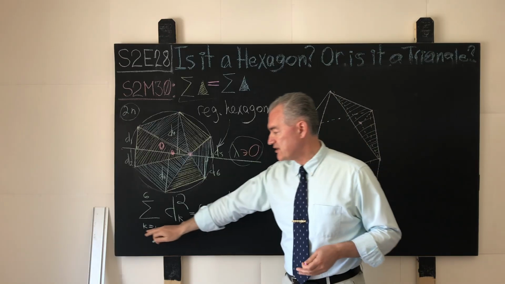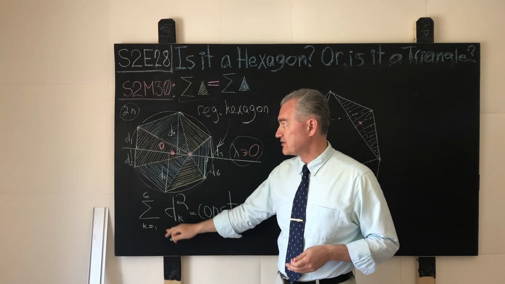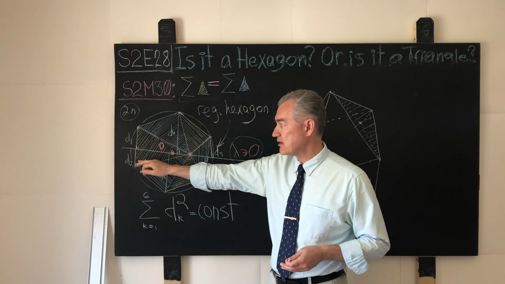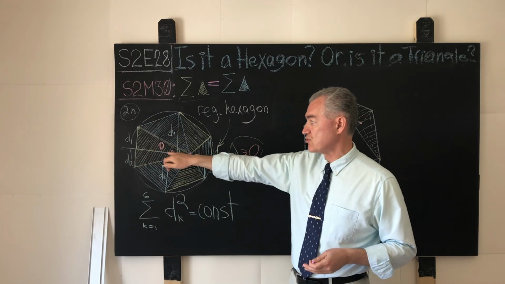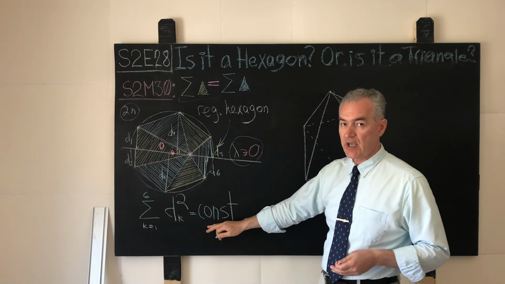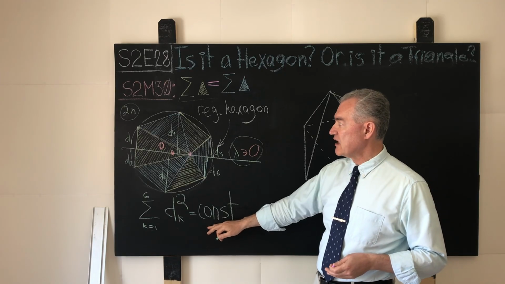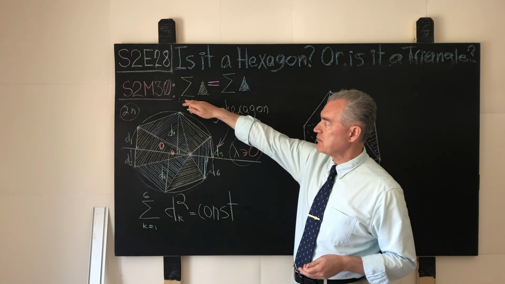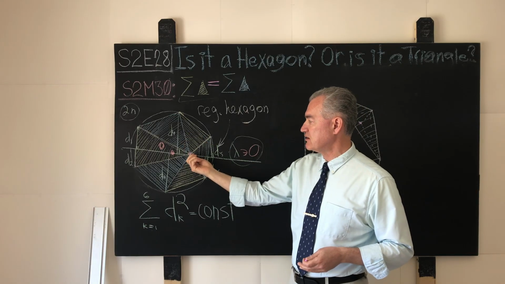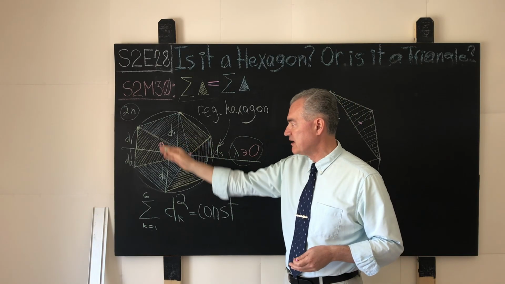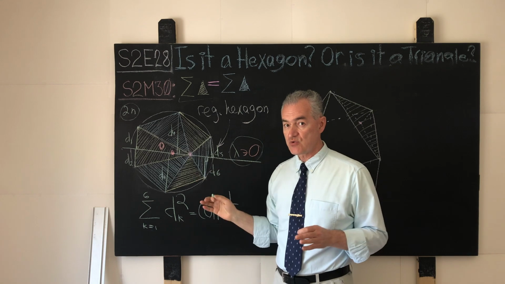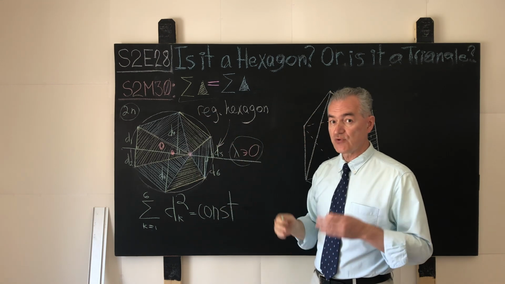And it turns out that the sum of squares of distances from the vertices of a regular polygon to a straight line that passes through its center is also a constant, which means that in our problem S2M30, the point P can legally roam the innards of a regular hexagon any which way, and this relationship will hold anyway.